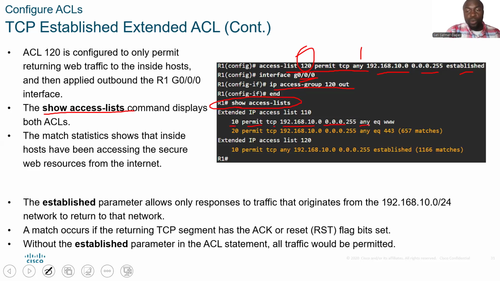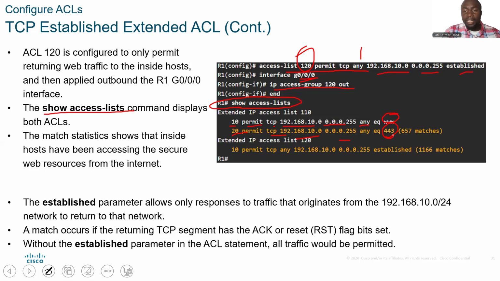If they are going anywhere, and they are browsing, they should be permitted. That's what this is saying. And then there is another one, IP address access list 20, permit TCP, the same IP block going anywhere, and is browsing with HTTP secure, it should be permitted.